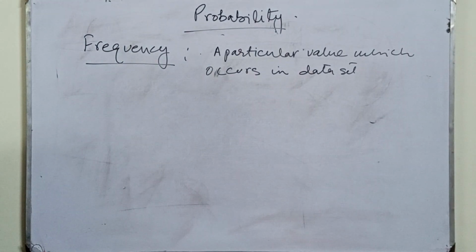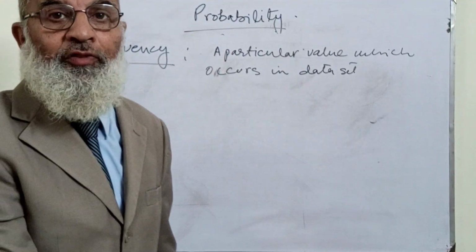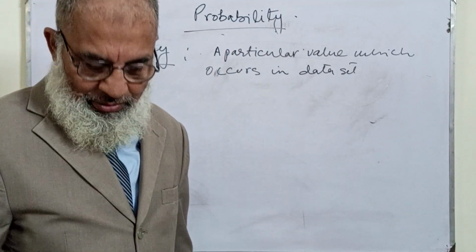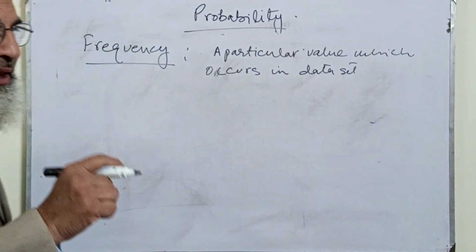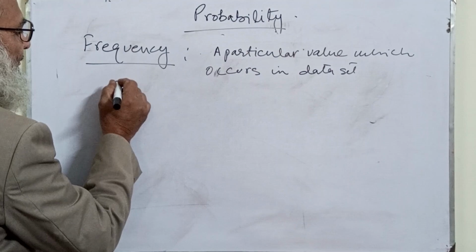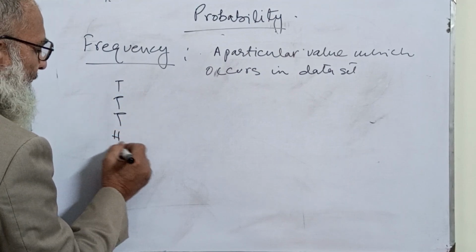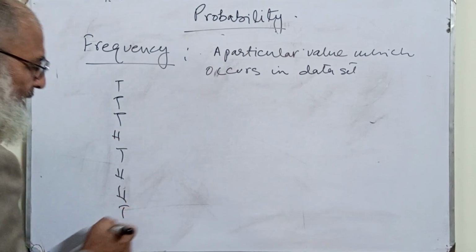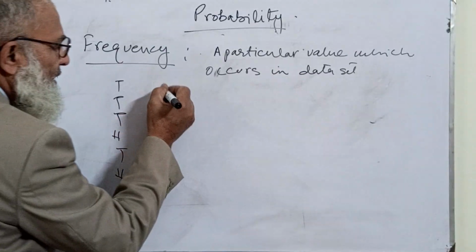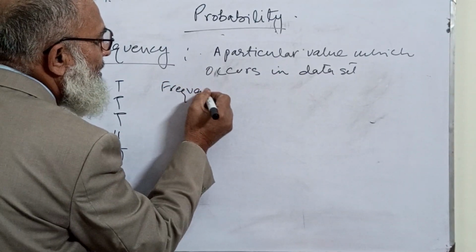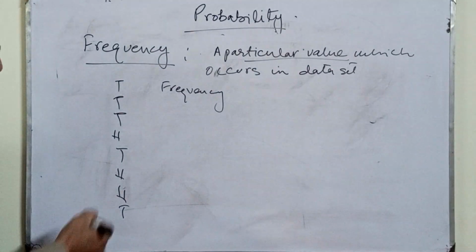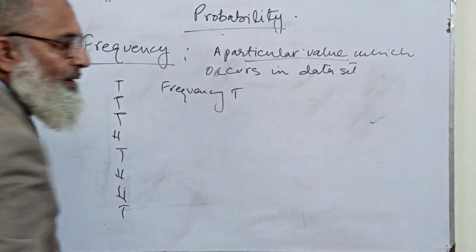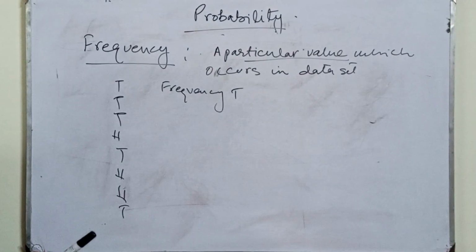For example, what I did in the first tossing of the coin: 1, 2, 3, 4, 5, 6, and the events I noted were tail, tail, tail, head, tail. Now, the frequency is what? The particular value. Let me calculate the frequency of tail.